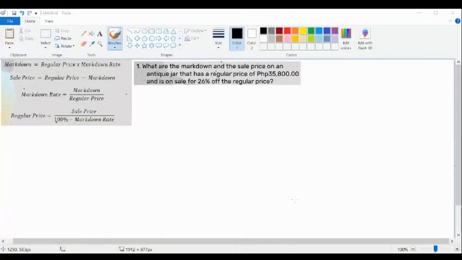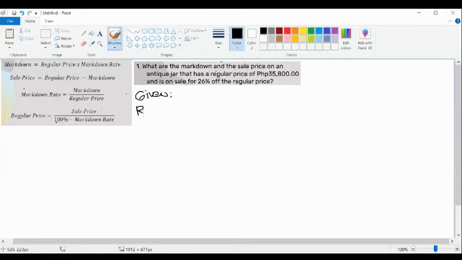Example number 1. What are the markdown and sale price of an antique jar that has a regular price of 35,800 pesos and is on sale for 26% off the regular price? In this problem, we're looking for the markdown and the sale price. So first, let's identify the givens.